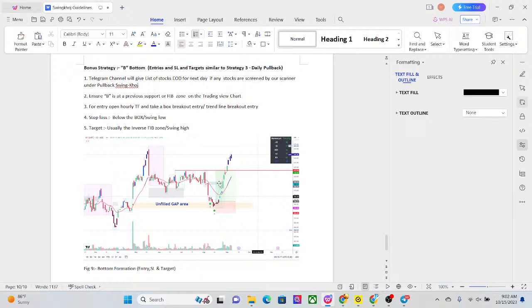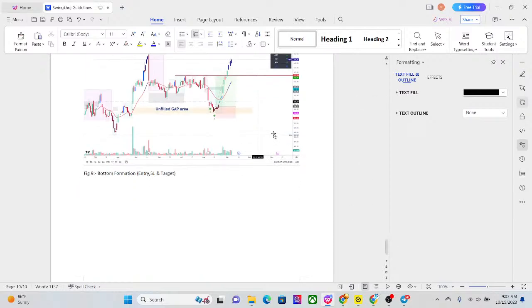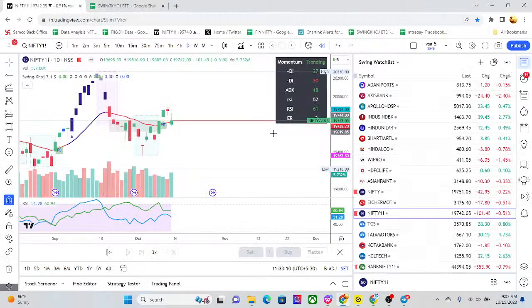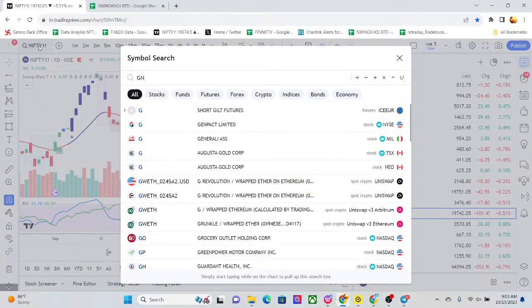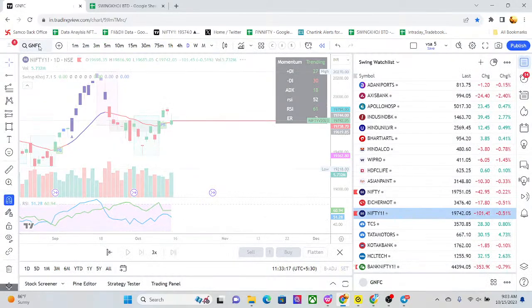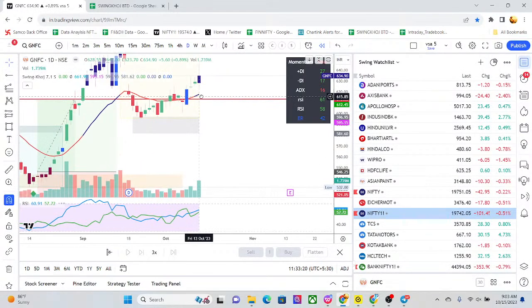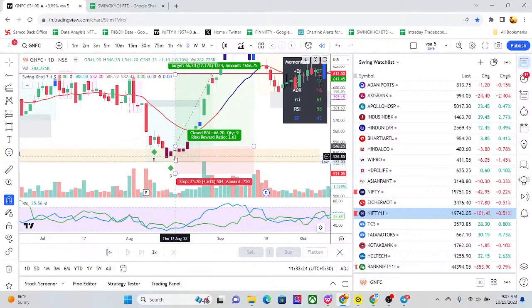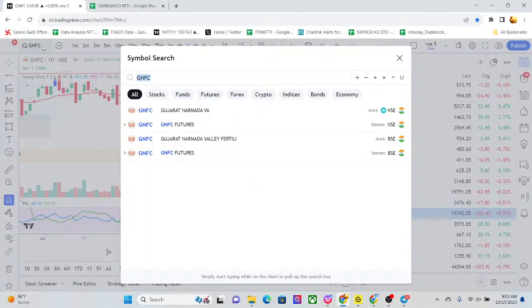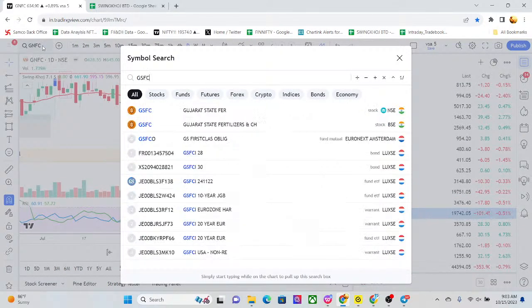You can see here, I have done with support relations, like gap fill area, we get bottom, then entry. Recent trades, you can see this is the GNFC trade, and GSFC.